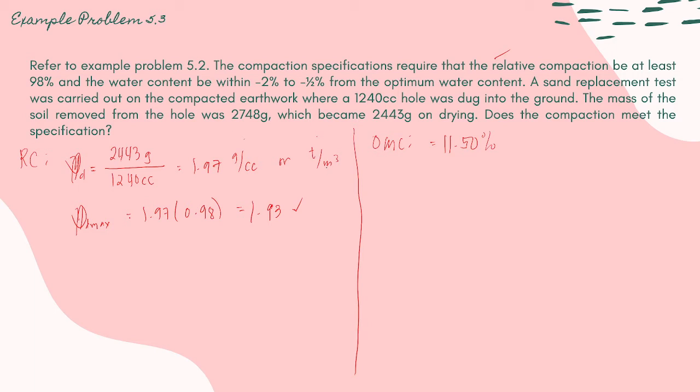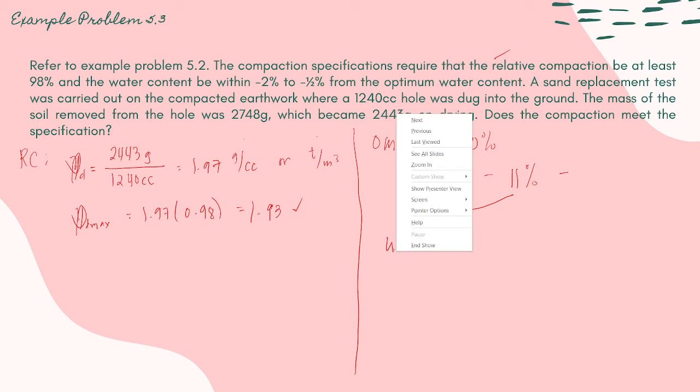That means we have to subtract 2, so this should be in between 9.50% to 11%. So this should be the range of our moisture content.